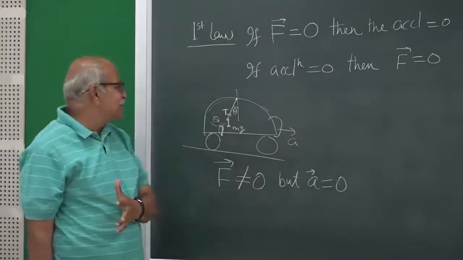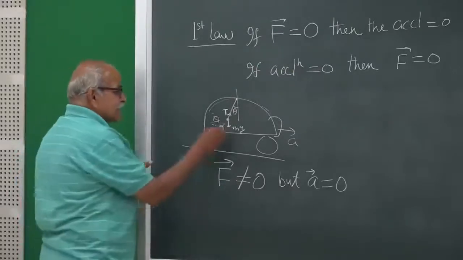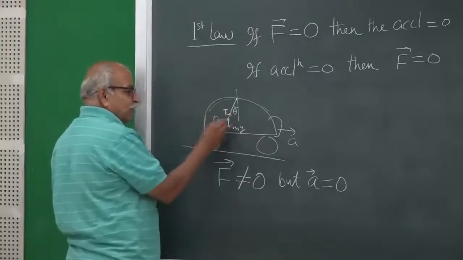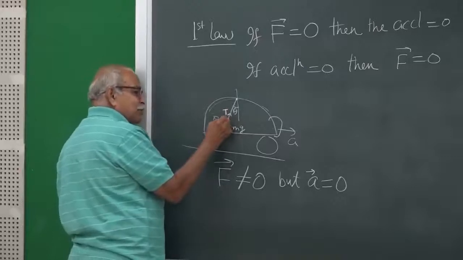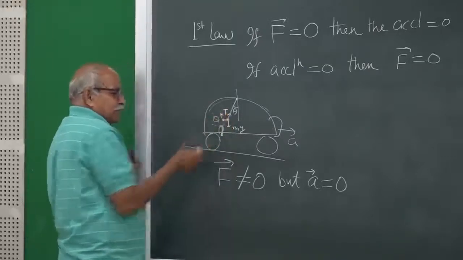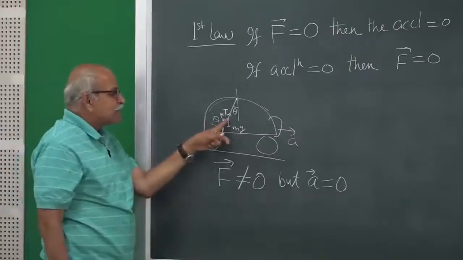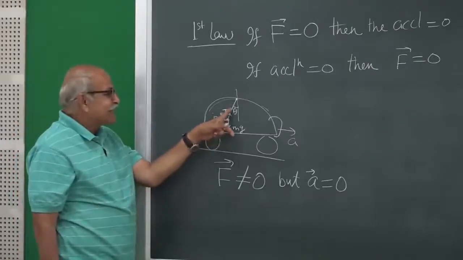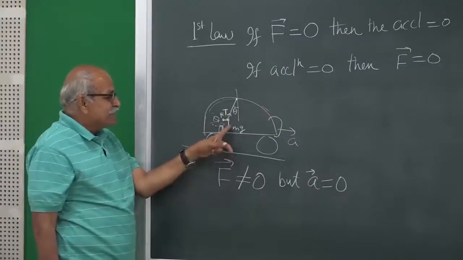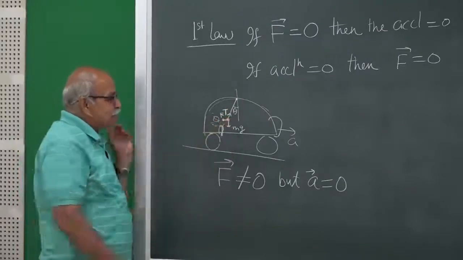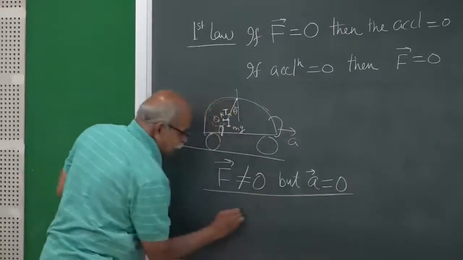And if you have a resultant of these two, and you want to make the force 0 and apply a force here, you hold the bob and pull it. Why? I want to make the total force 0. The tension and the mg are giving me some resultant, and I apply a force to make the total force 0.